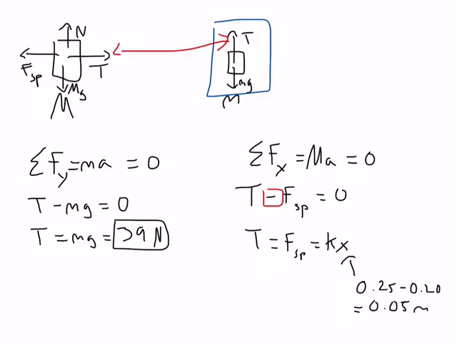That's how much it's stretched, which is what we need for that. So k is T over x, which is 39 divided by 0.05, or 780 newtons per meter. Okay? And again, you have to get the units, newtons per meter.